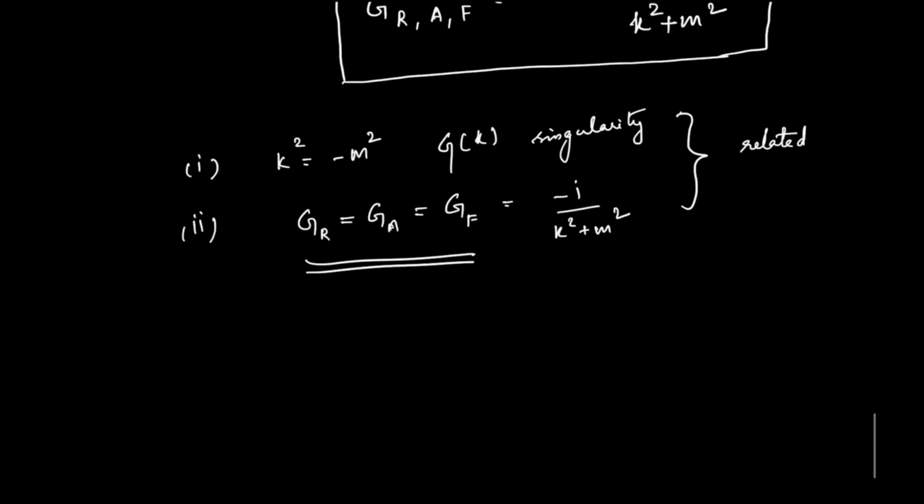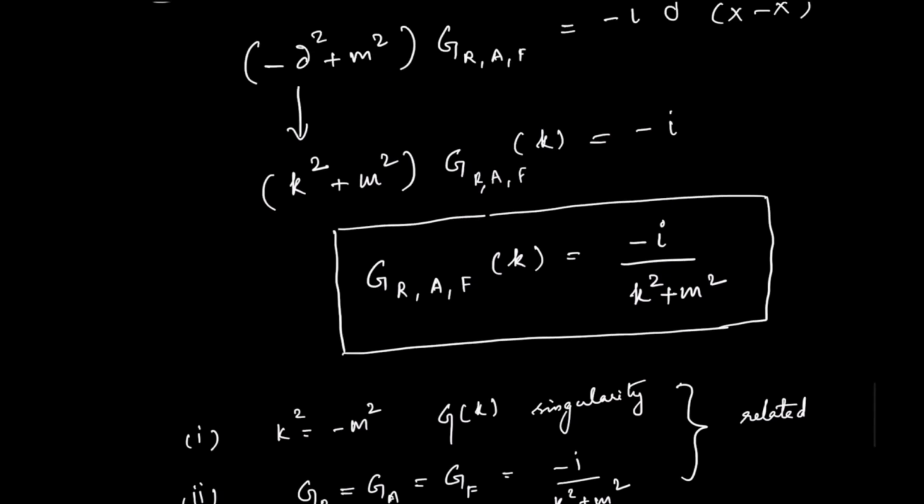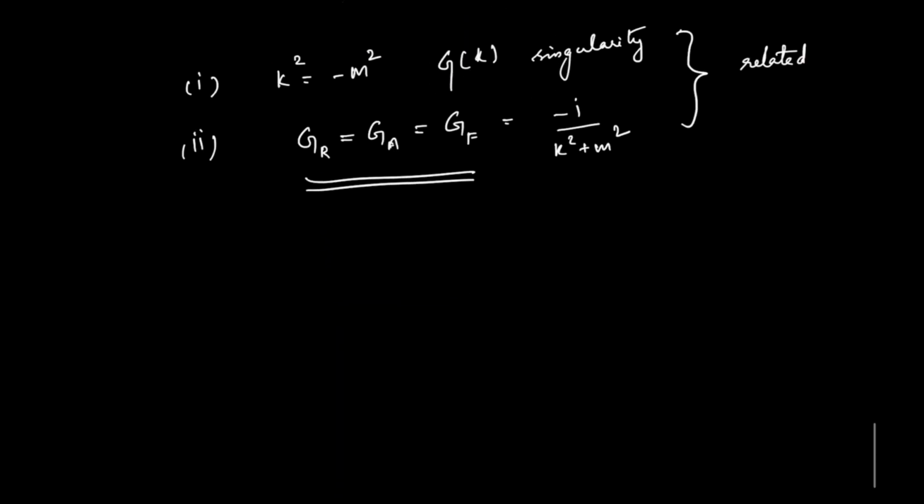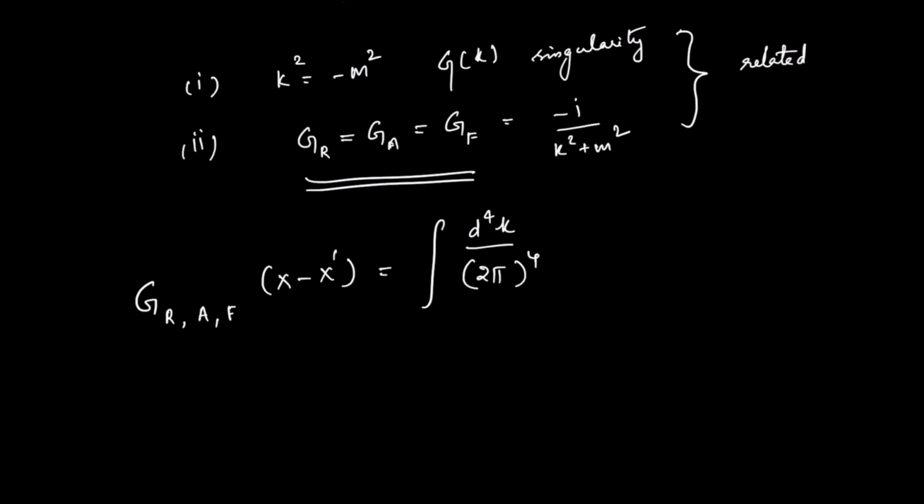So I can write the inverse Fourier transform for G of k. Then I'll get G r a f of x minus x prime is equal to, how do I do the inverse Fourier transform? d4k by 2 pi to the power 4, then the function minus i by k square plus m square, e raised to i k dot x minus x prime.